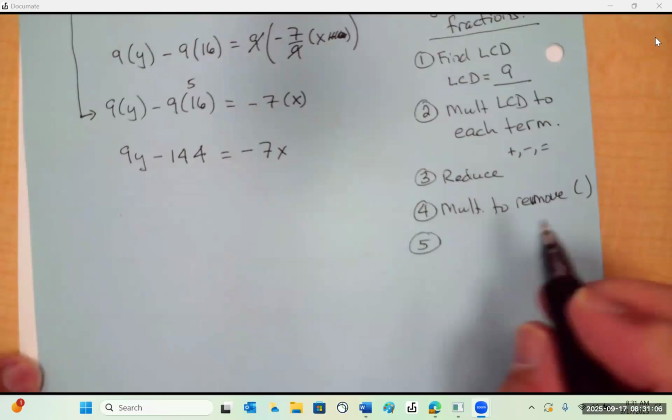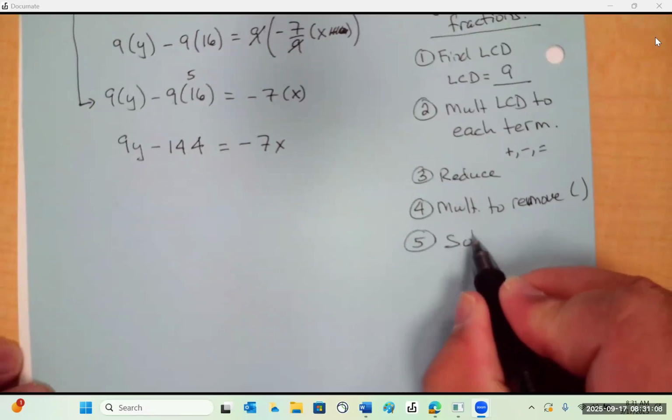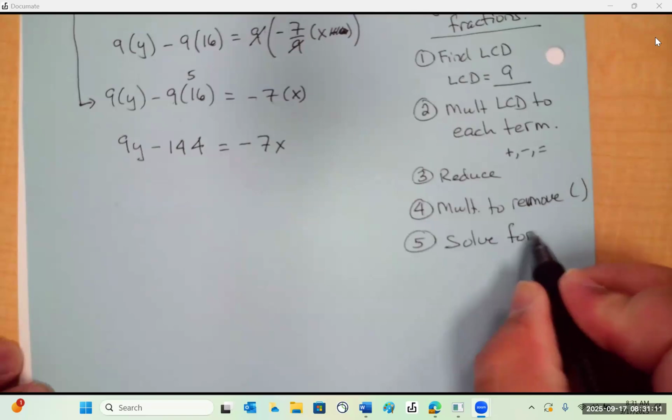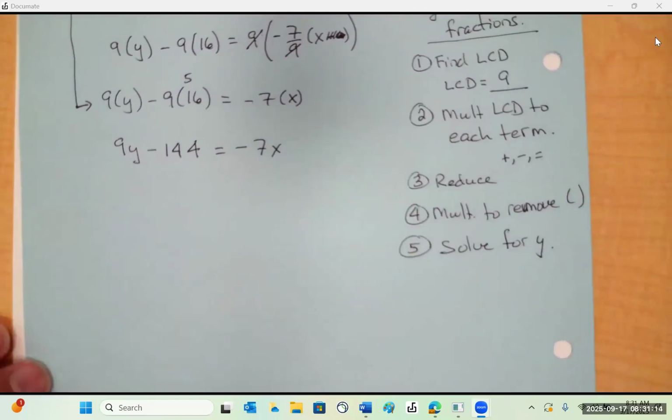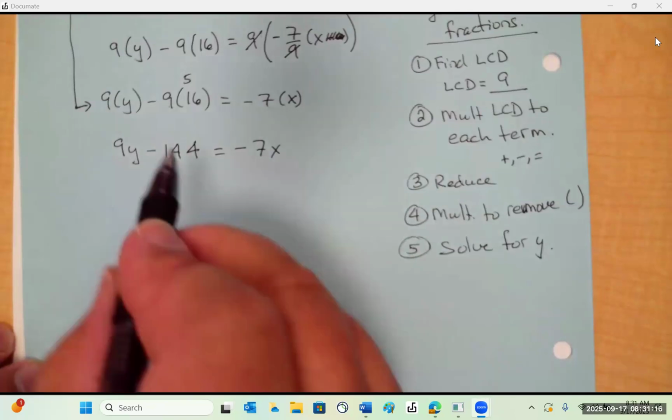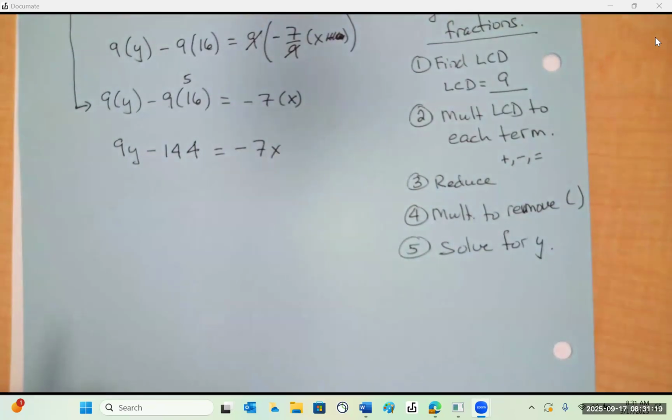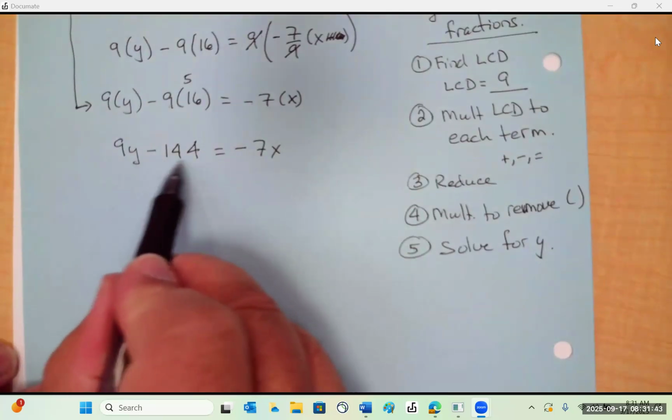Your last step is solve for y. To get the y by itself, what do you have to get rid of first? Get rid of anything that's added or subtracted to it.